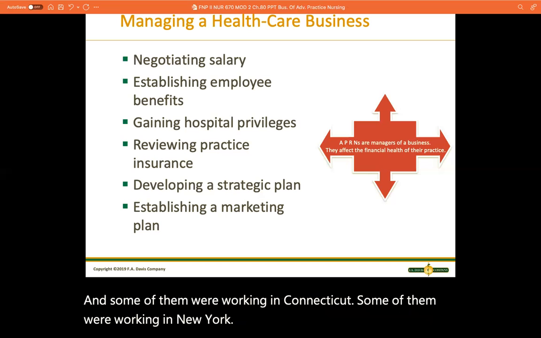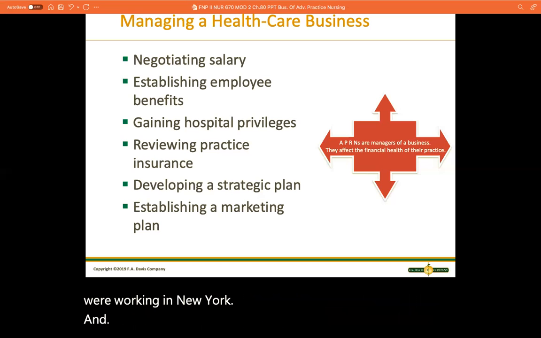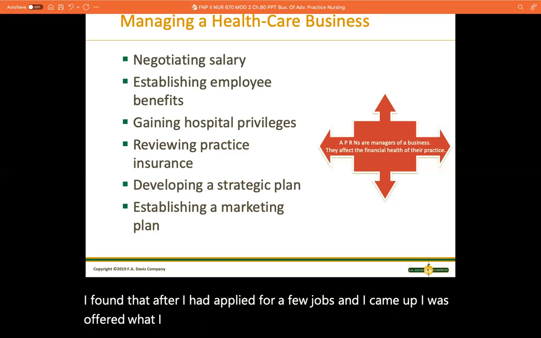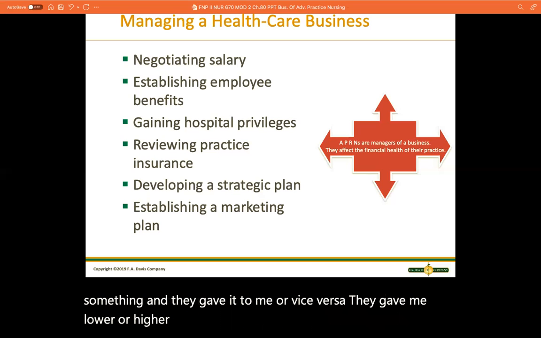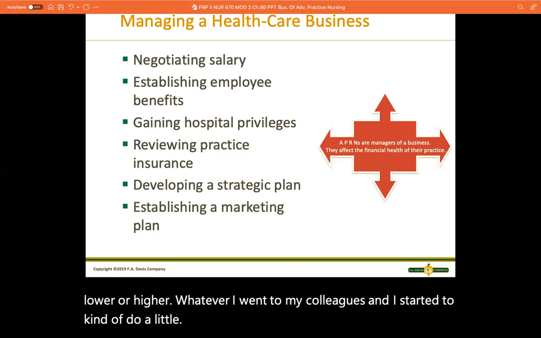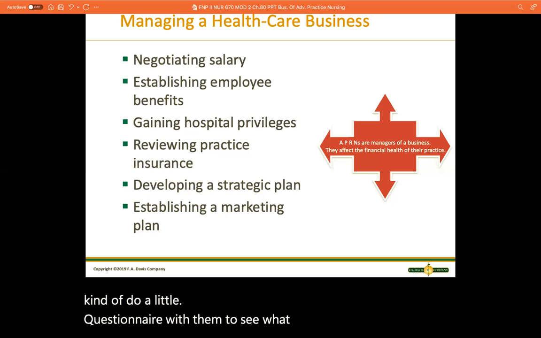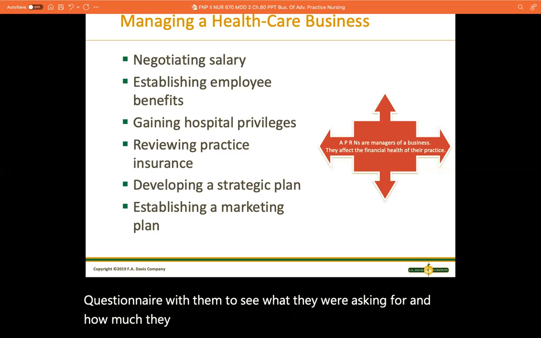After I had applied for a few jobs and was offered what I was offered, whether I had asked for something and they gave it to me or vice versa, I went to my colleagues and did a little questionnaire with them to see what they were asking for and how much they were being offered.